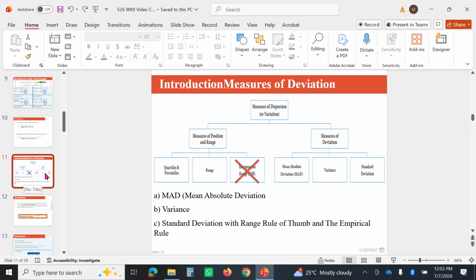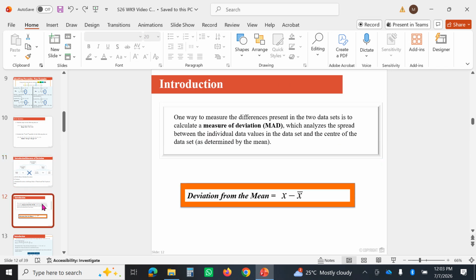All right, so let us move on, shall we? The whole idea here, measures of deviation, this is the MAD, okay? The deviations from the mean, and this is where we're going to be focusing.